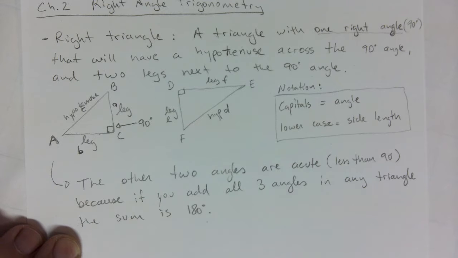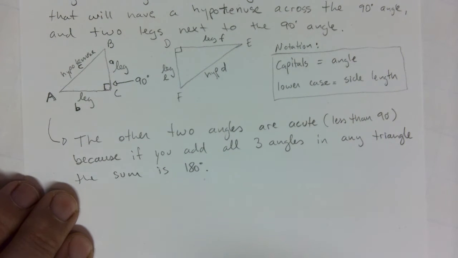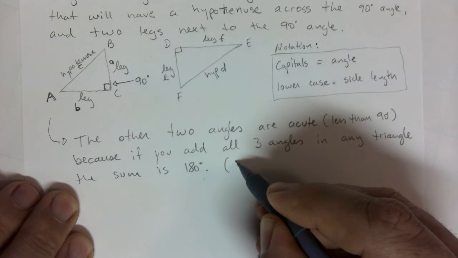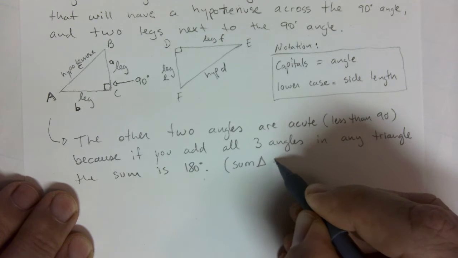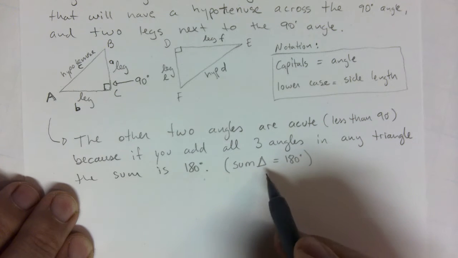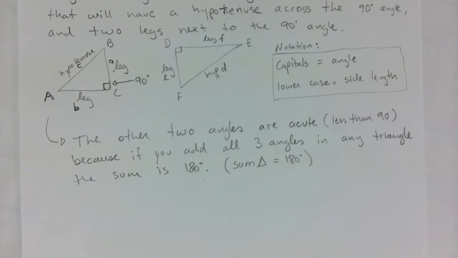Okay? That's always the sum of all three angles. I will sometimes just say sum of triangle is equal to 180. I will sometimes refer to that, right? So if I talk about that, I'm actually saying, remember that if you add up all three angles in a triangle, it's always 180.